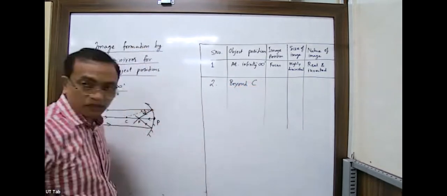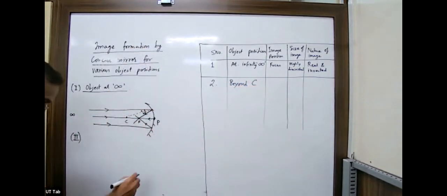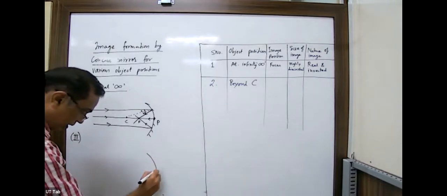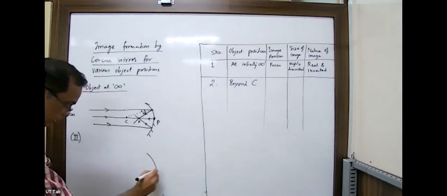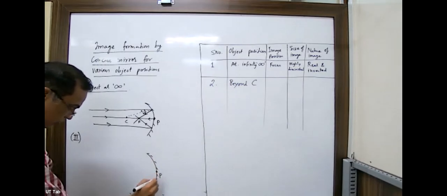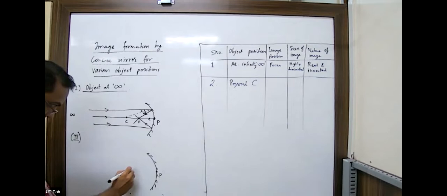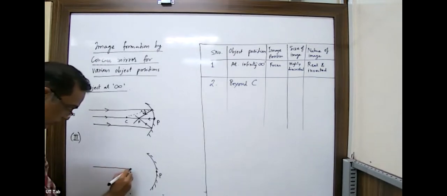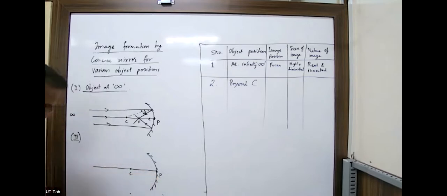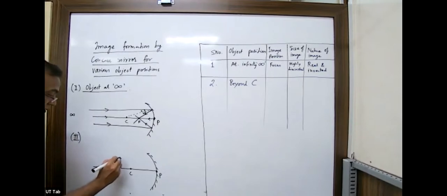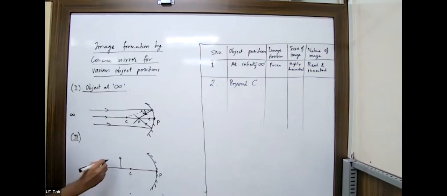Beyond center of curvature. So how do we draw the ray diagram? Again, we start with drawing the mirror, pole, center of curvature, principal axis. This is a repetitive process. Then I am keeping the object over here, beyond C. Let us say I am naming the object as AB.